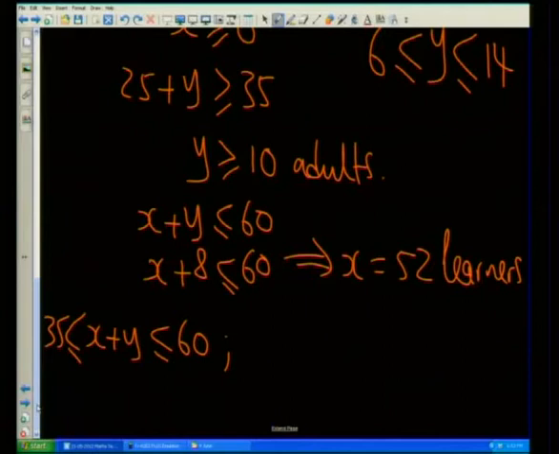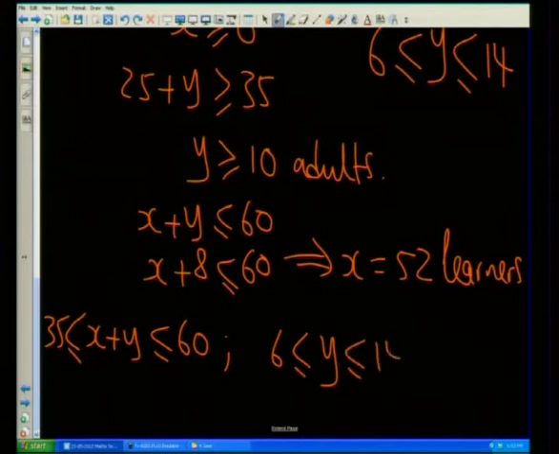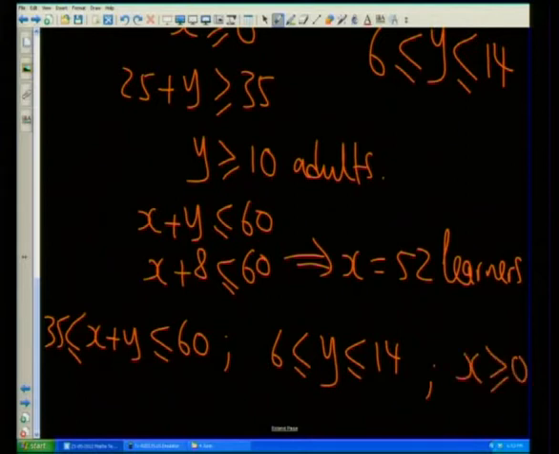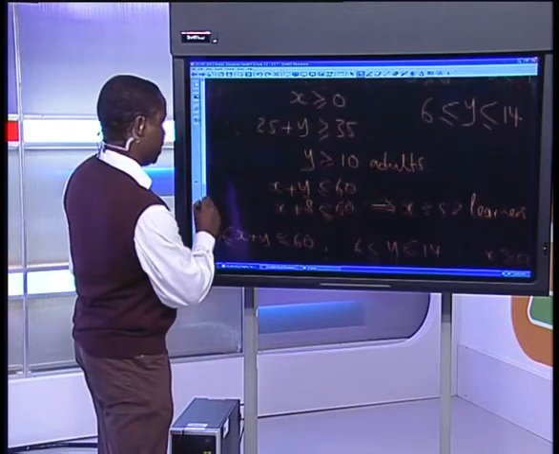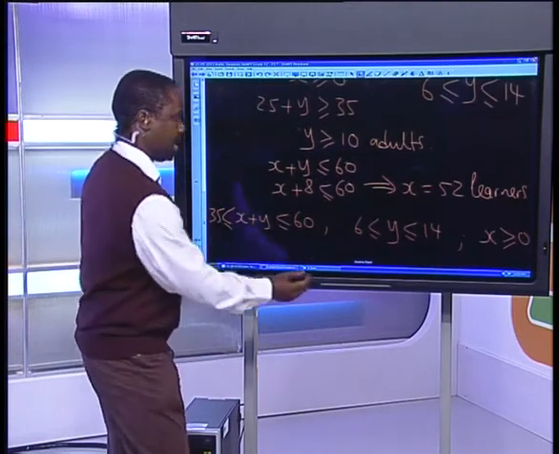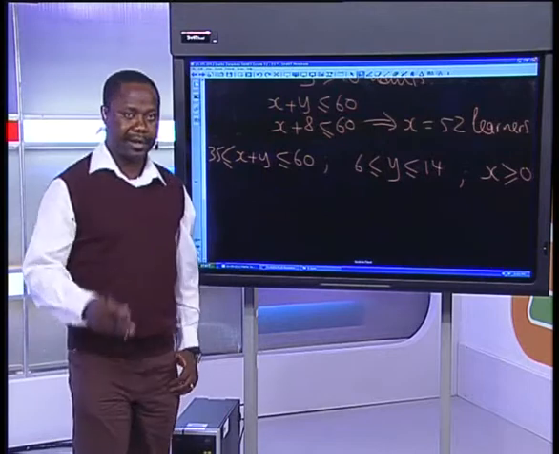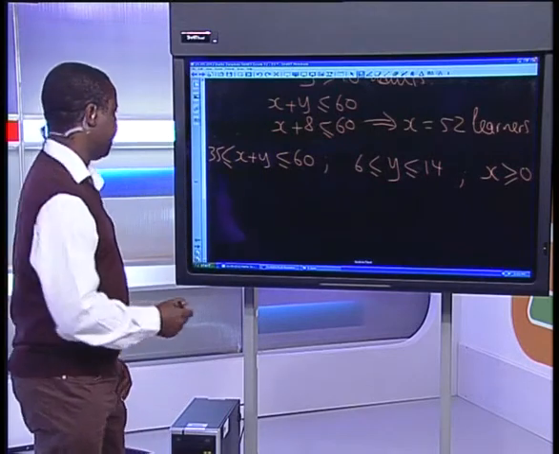Y between 6 and 14. And lastly, we said, without doubt, you need to have a number of learners, either 0 or at least greater than 0.